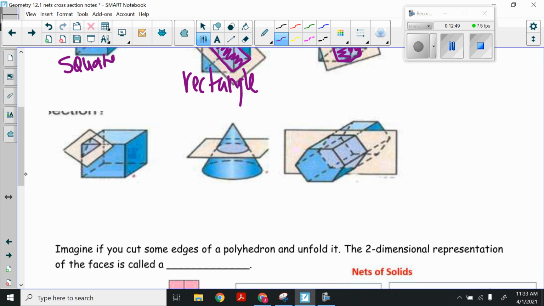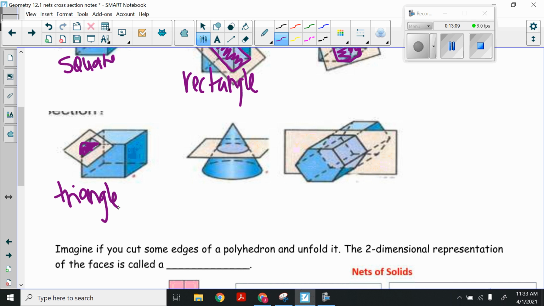If we take our plane and just cut off the little edge to get a cross-section, oh, I didn't shade that in very well. Again, you can see we have a triangle.